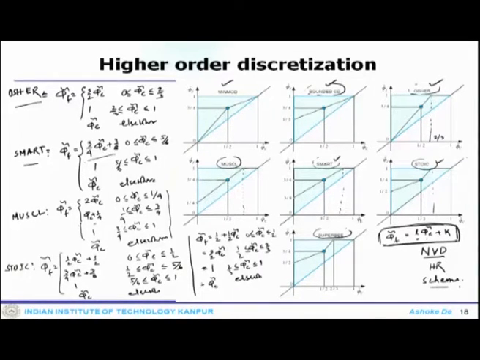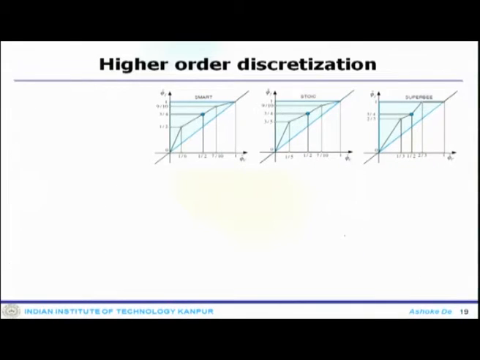Now there are a few more, like SMART or STOIC or Super B, which are modified versions. So this is modified SMART, this is modified STOIC, and this is modified Super B. Once they are modified, they have slightly more involved profiles.